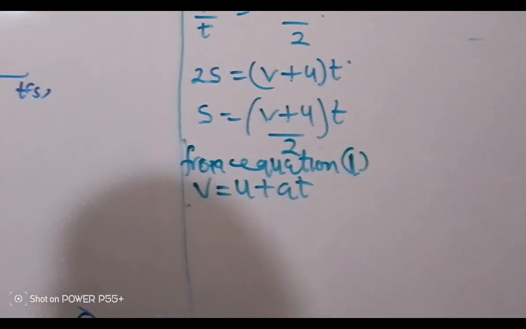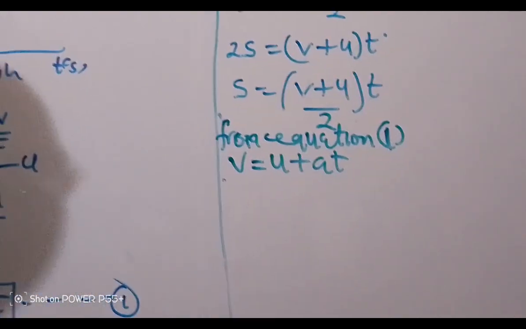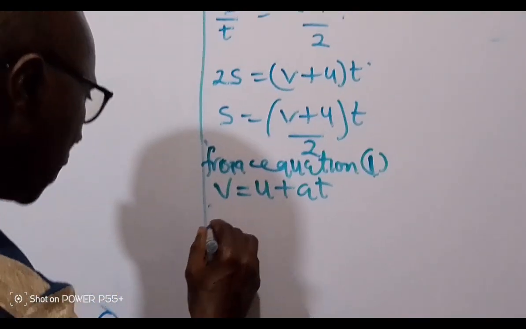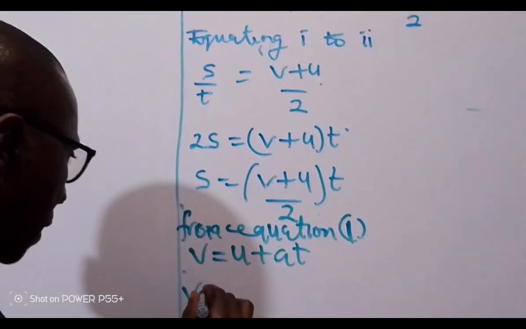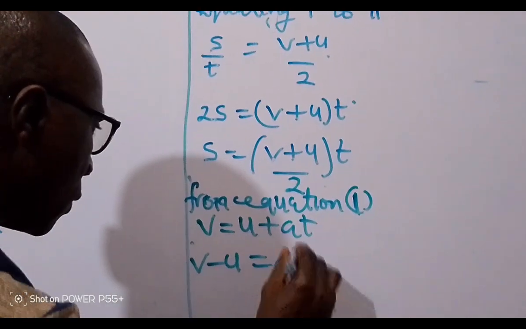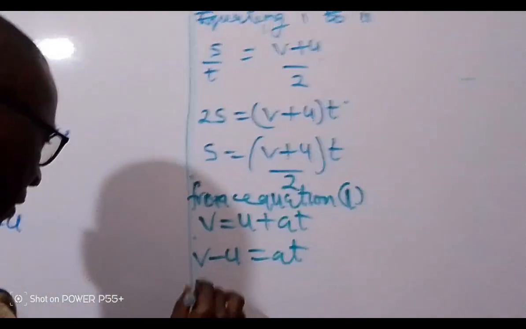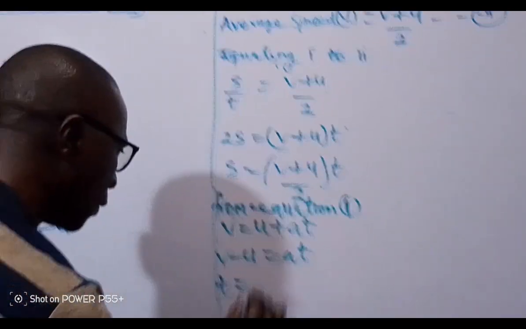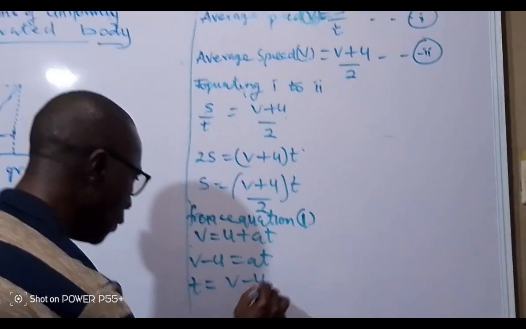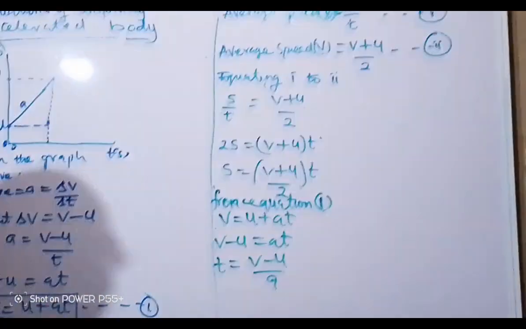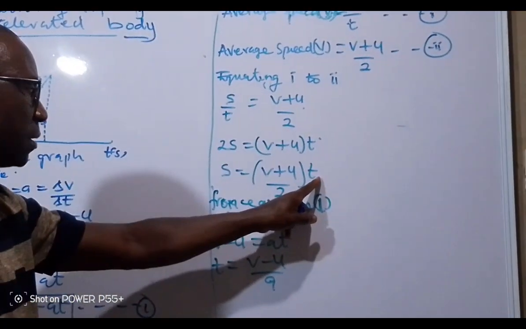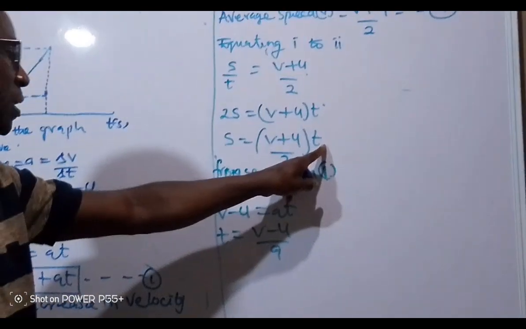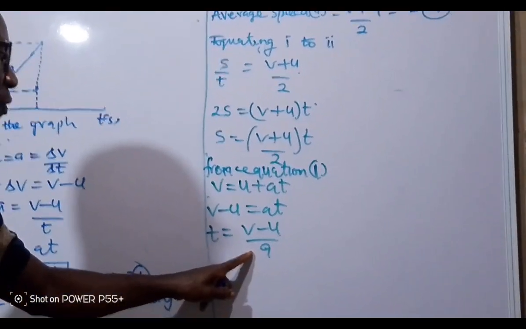Let's make T the subject of the formula. So we are going to have V minus U is equal to AT. Then T will be equal to V minus U over A. Now, at this particular point, let's remove T and substitute with the magnitude of T.